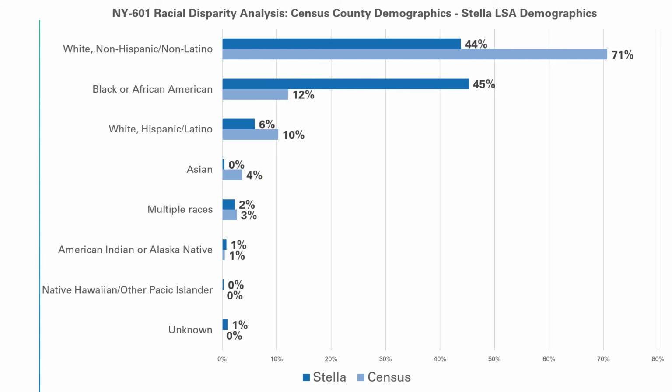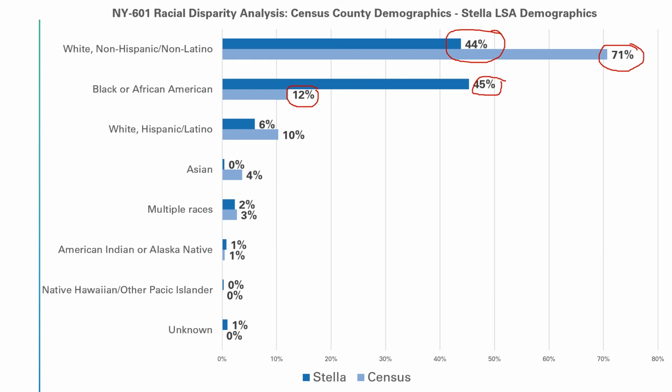Moving on to New York 601, this is Dutchess County, Poughkeepsie. And we can see that 71% of the population is white, non-Hispanic, and 44% of the homelessness system is white, non-Hispanic. So again, there is a significant gap there. And on the flip side, only 12% of the community is Black or African American, but they make up a higher percentage of the homelessness system than white non-Hispanics.